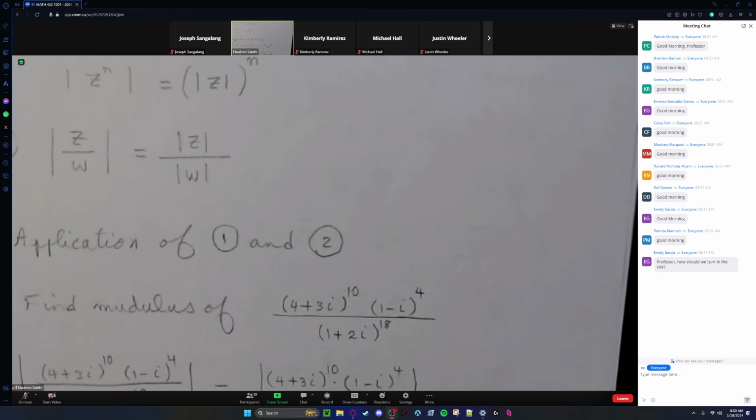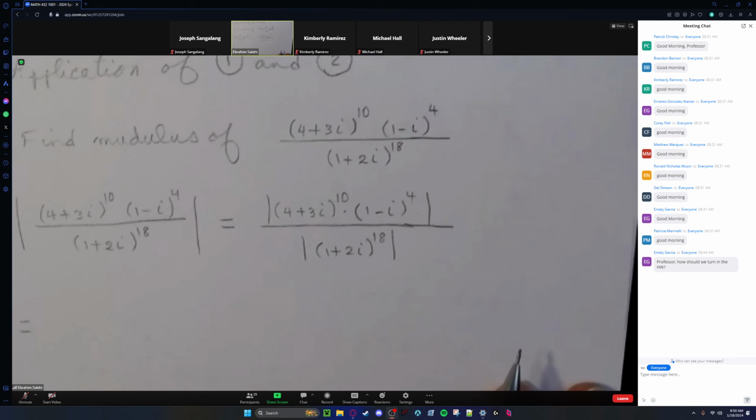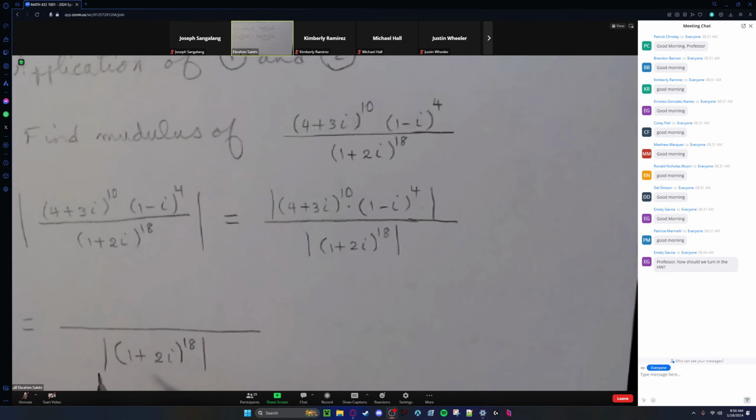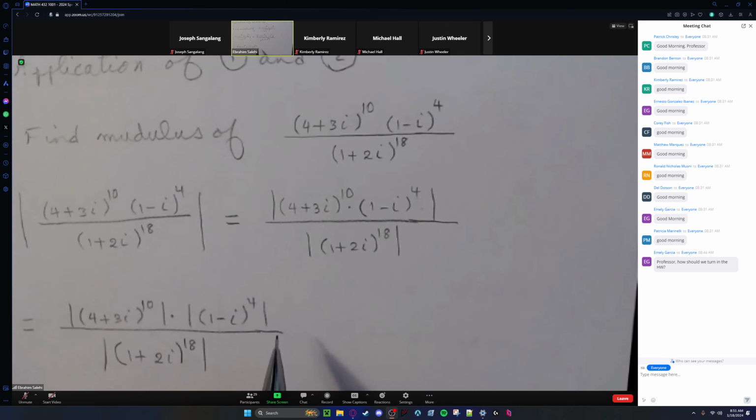So next line, I'll have in the denominator the modulus of 1 plus 2i to the 18, and in the numerator, the modulus of this one.